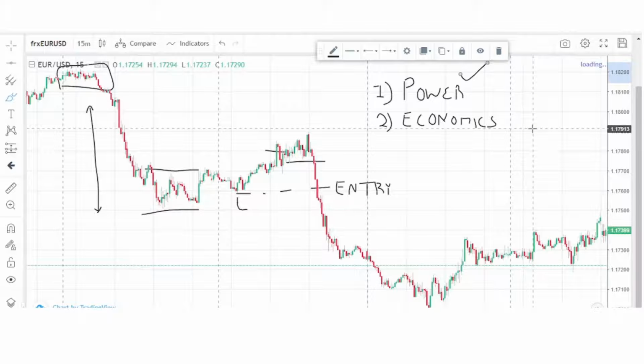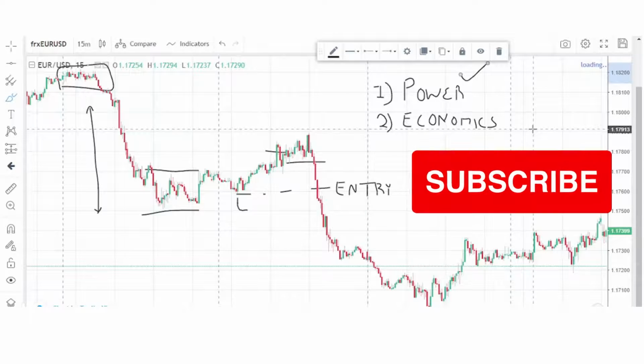Now, this increases your odds even much further. You have done your research, then the last thing that you need to do is to find your entry. I think that's quite easy to understand.